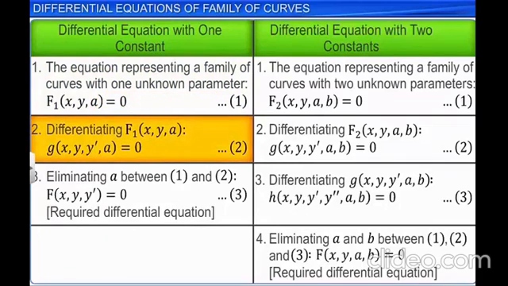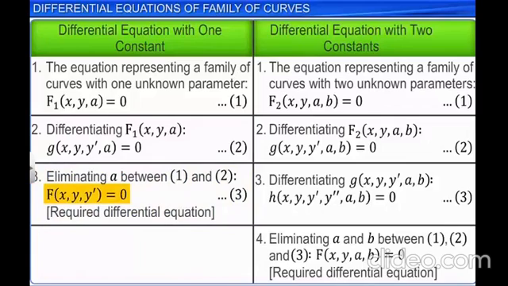Next, eliminate the unknown parameter from equations 1 and 2 to obtain the differential equation here, indicated as equation 3. Observe that the differential equation obtained does not contain unknown parameter a and contains the derivative.